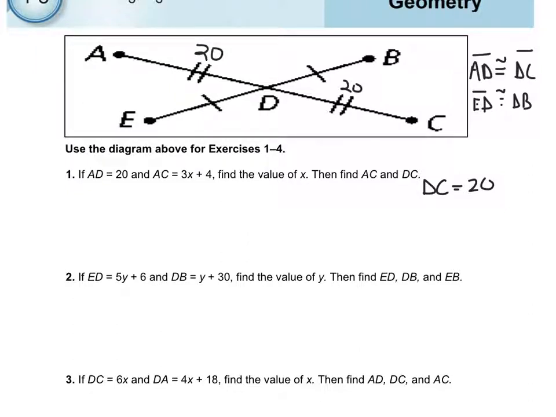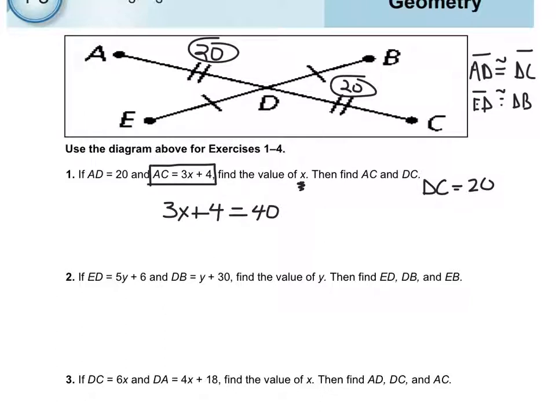Okay, so AC is the whole segment. We know that the whole segment is part plus part, which in this case is 40. So I'm going to say I know that AC is 3x plus 4, and I know the whole thing is equal to 40 units, because that is 20 and that's 20.